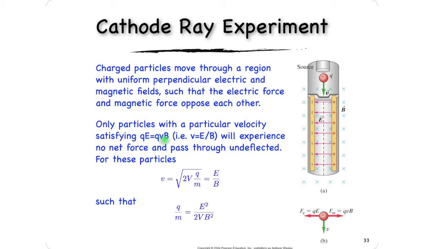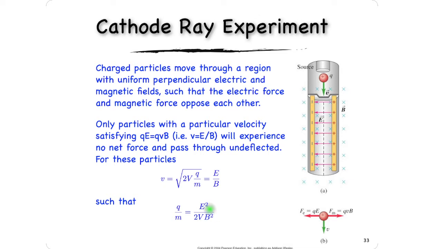The Q's cancel out, and the velocity of our particles must be E over B, the electric field over the magnetic field. But we've already solved for the velocity of the particles. It was the square root of twice the voltage times the charge to mass ratio. So we can set those two things equal to each other and solve for the charge to mass ratio of our particles here in terms of parameters of the experiment that we can control.